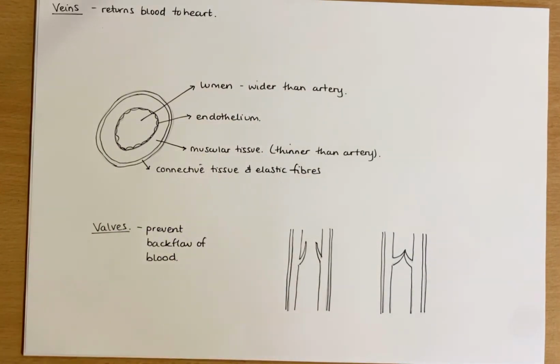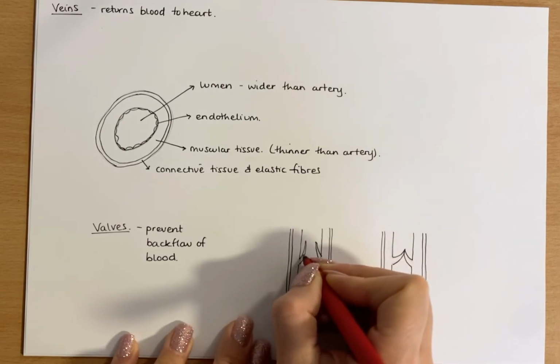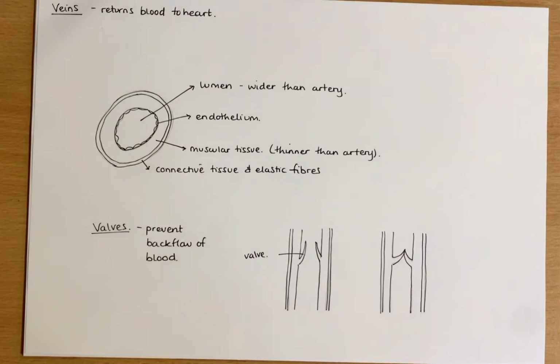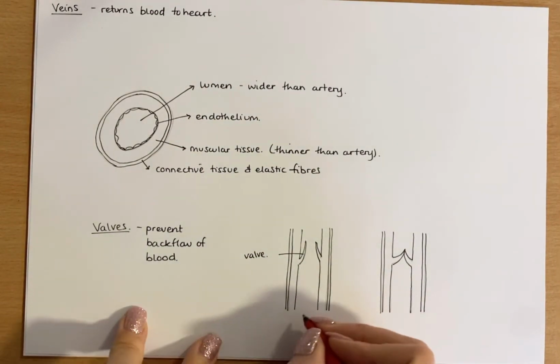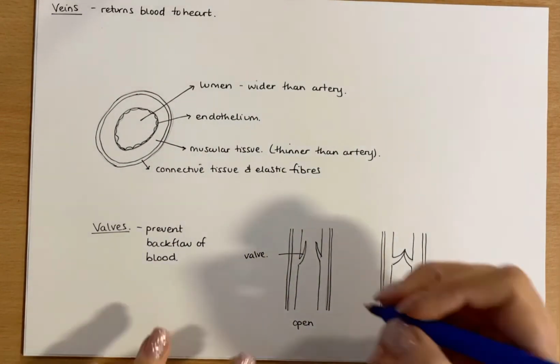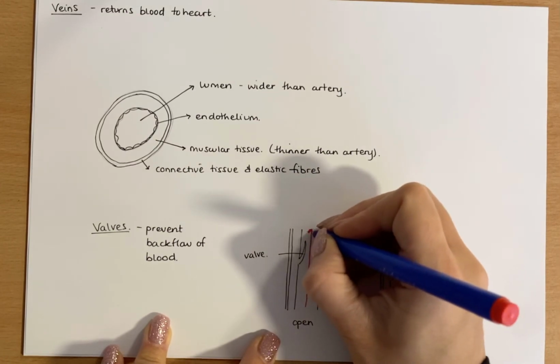Now I'm going to show you what I mean by that, because right now here, this is a valve. These wee kind of essentially flaps of skin, or flaps of tissue. And in this vein right here, we have a valve that is open. And what happens is that blood flows through that nice and easily when there is movement of the blood.